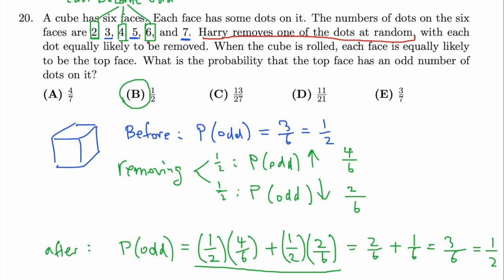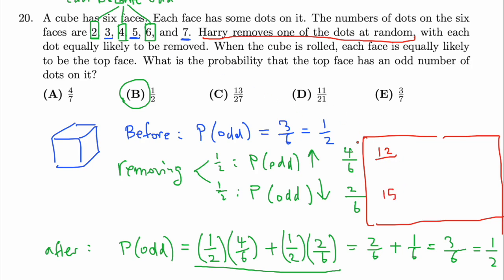Let's do the calculation here. 2 plus 4 plus 6 is 12, right? And 3 plus 5 plus 7 is 15. So it's 12 out of 27 total dots, and this is 15 out of 27, so he can either remove from this group or from this one.